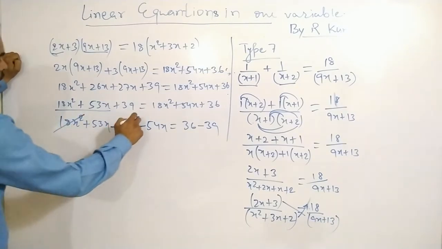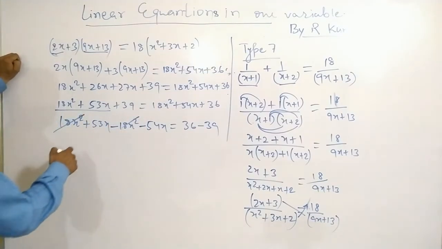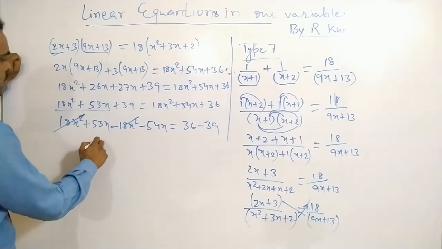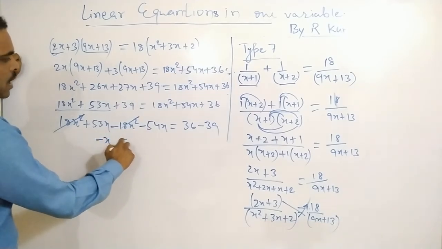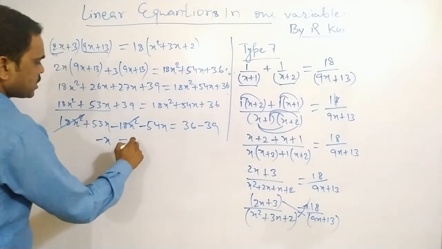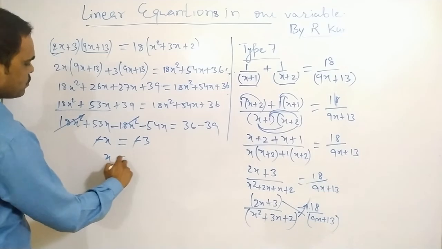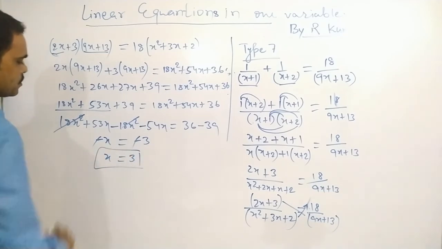Now 18x square and 18x square will be cut, and 53x minus 54x, it will be minus x, and equals to, when we will subtract this, we will get minus 3. Minus minus will be cut and x will be equals to 3.